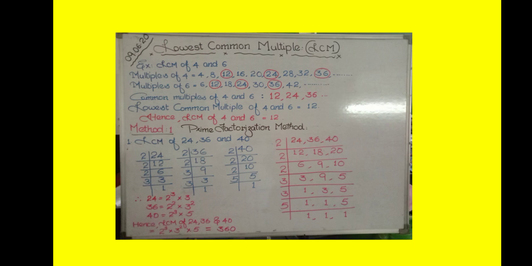So 2 raised to the power 3 into, next is 3. We have in 24 only 3 raised to the power 1. Here in 36 we have 3 raised to the power 2. So we shall take 3 raised to the power 2 into 5. 5 is only 1, so into 5. That will be equal to 360 and that will be the LCM of 24, 36 and 40.